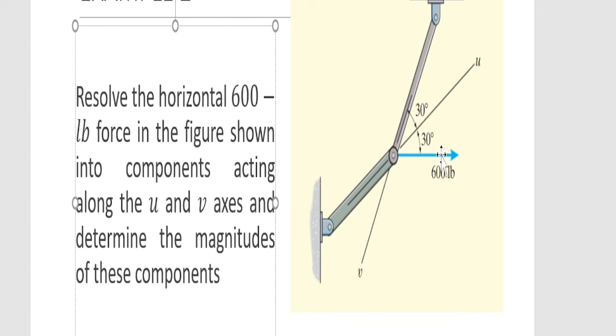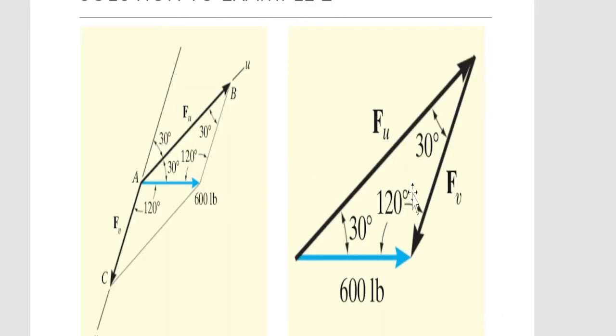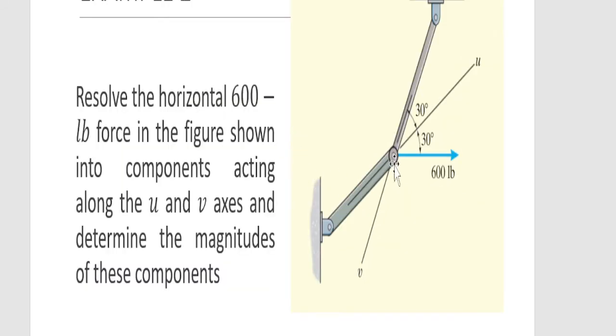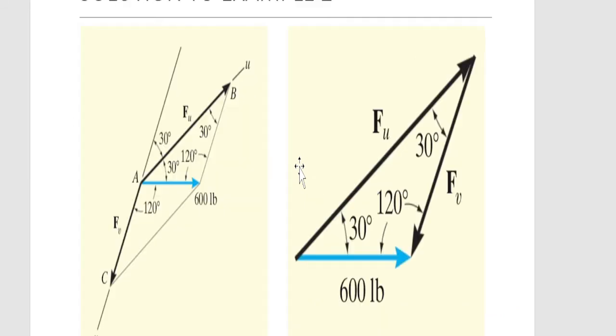So for that, 30 degrees, 600, the angle made. Make a parallelogram here, with U and V. Once you make the parallelogram, let's assume the sides are FV, FU, and the resultant.